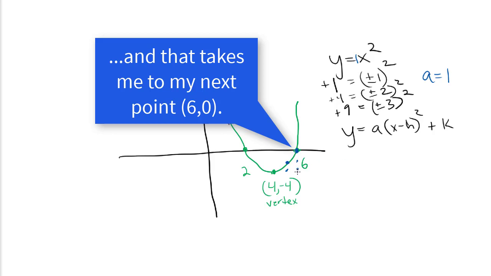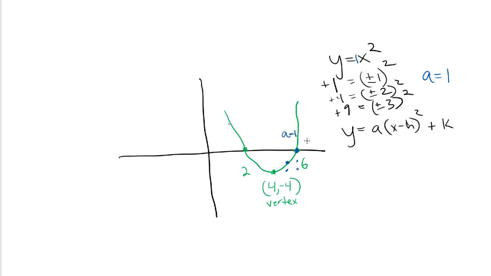So now I know the value of my a in this graph is going to be a equals 1, and I can appropriately set my vertex form in the equation. It would be y equals x minus the h, which is 4, squared plus k, which is minus 4. And my a value equals 1. I don't need to write it, but I'll put it in there just to show it. And I have the equation of my vertex form.